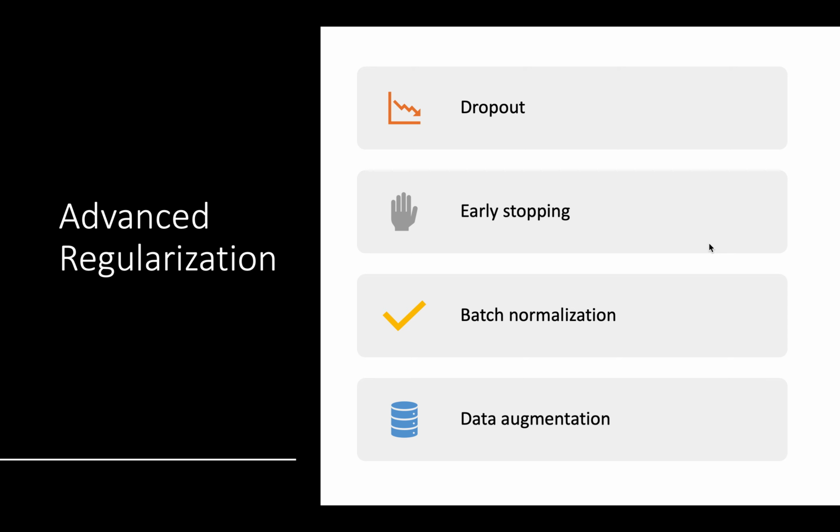Another regularization technique that can be applied not just to neural networks, but to virtually any learning algorithm, is called data augmentation. This technique is often used to regularize models that work with images, and you're going to see it in the transfer learning hands-on practice that I'm going to show you today.